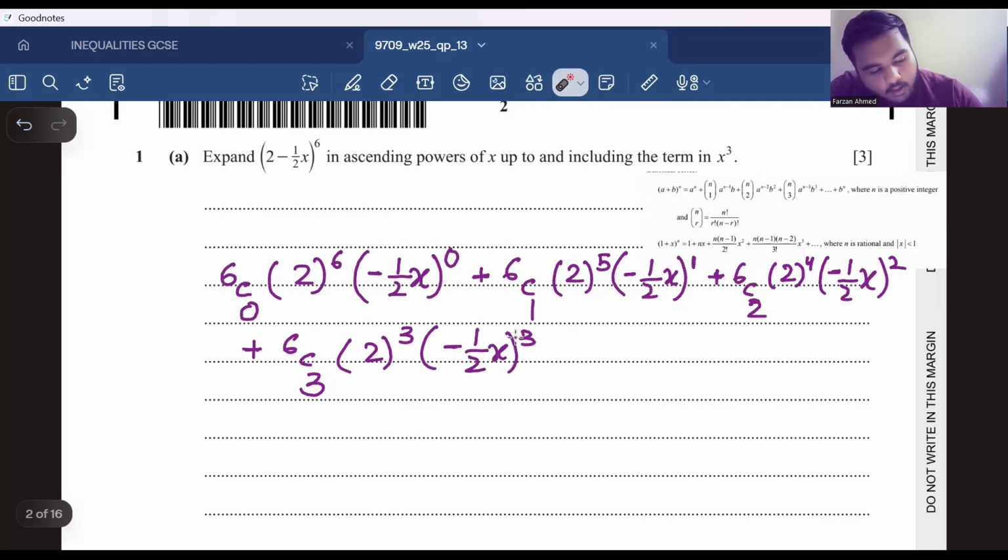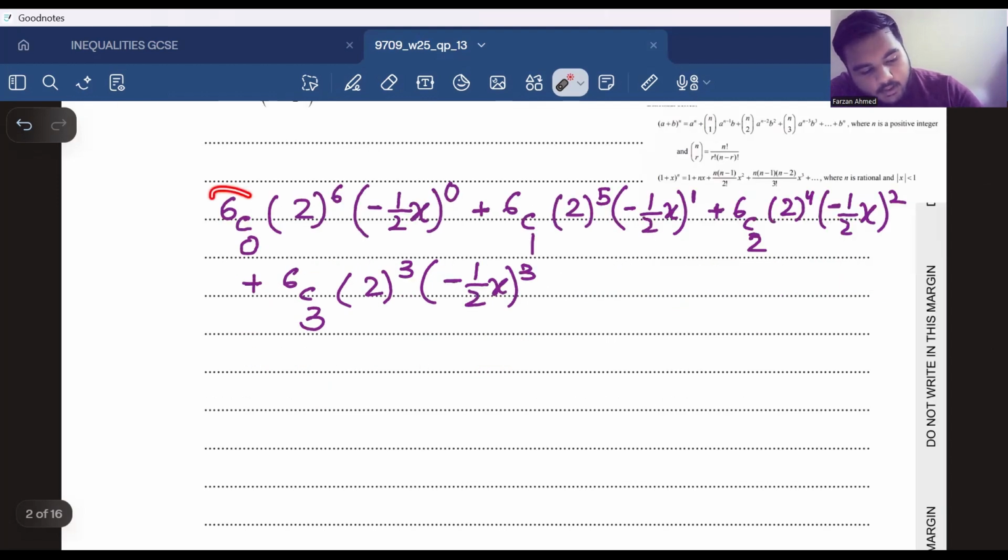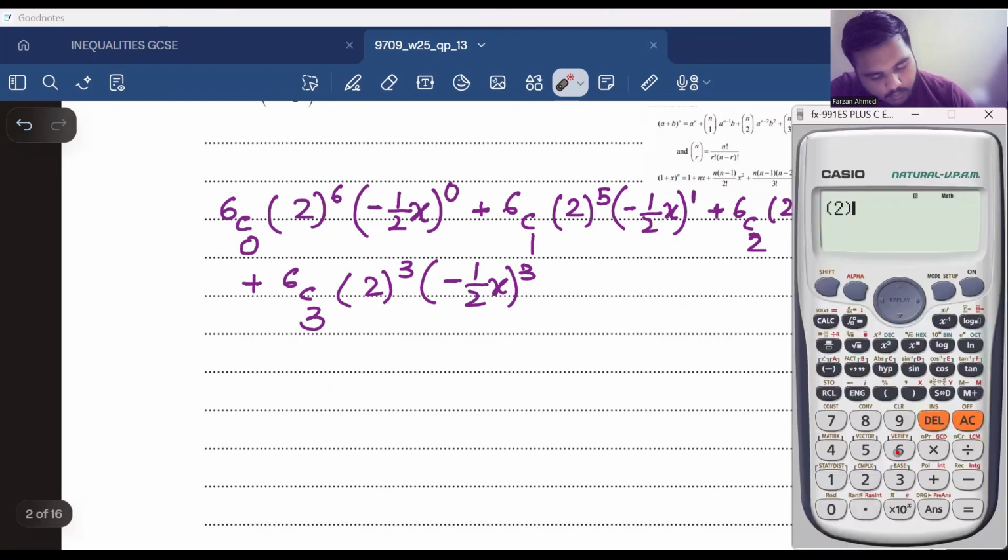Okay, now 6C0 is 1, and 2 raised to power 6 is equal to 64.